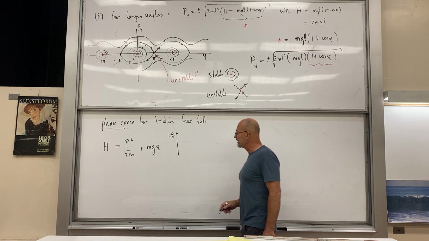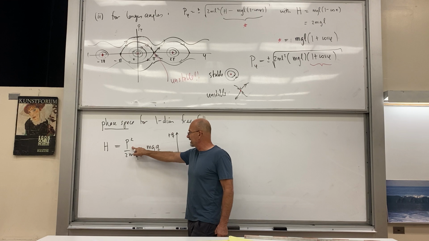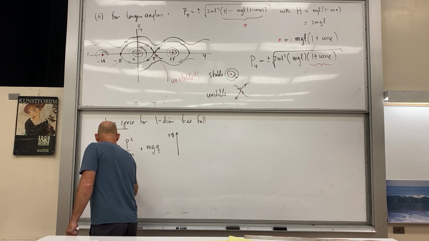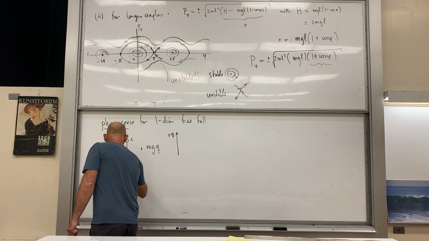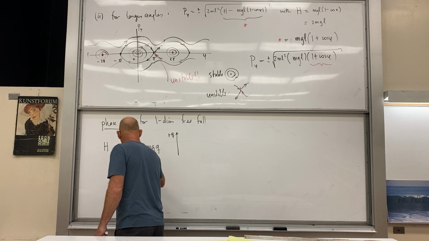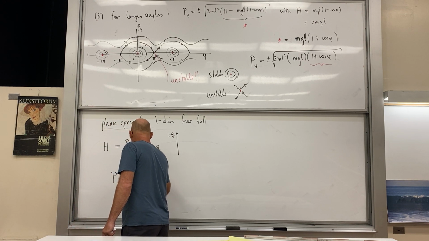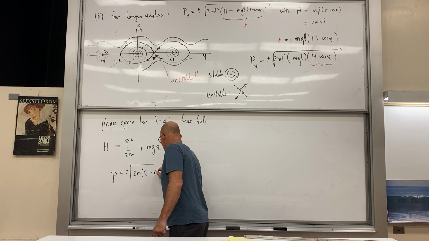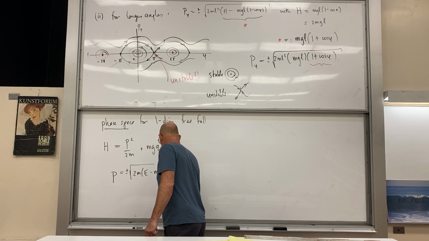So for a given energy, we can solve for p. So p equals plus or minus the square root of 2m times (I'll label H the energy) E minus mgq.